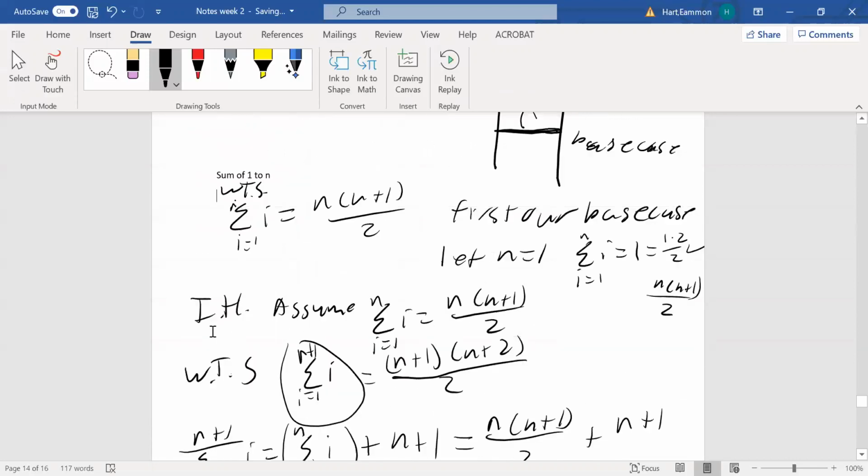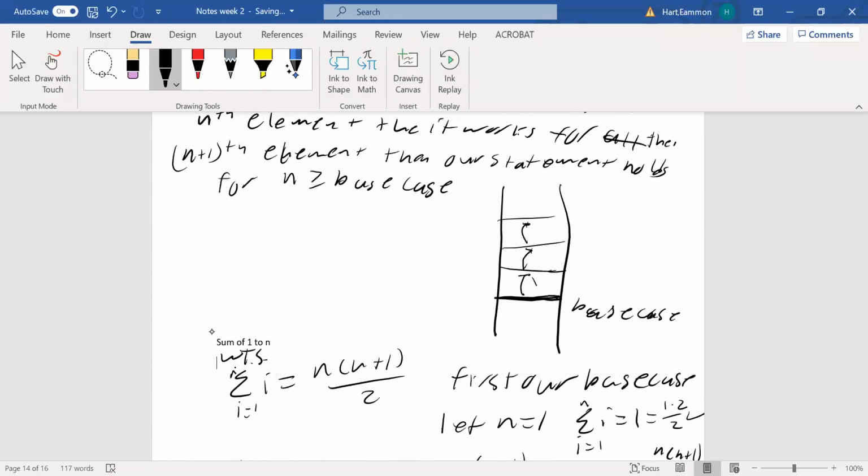Going back to the ladder analogy, the base case showed that we can get on at n equals 1, and the inductive hypothesis showed us how to jump from one rung to the next. So if we are on the nth rung, we can go to the n plus 1th rung.